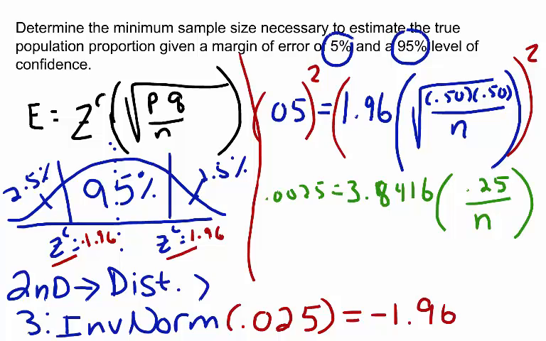Notice we've removed the radical, because any time you raise a square root to the second power, they cancel each other out.